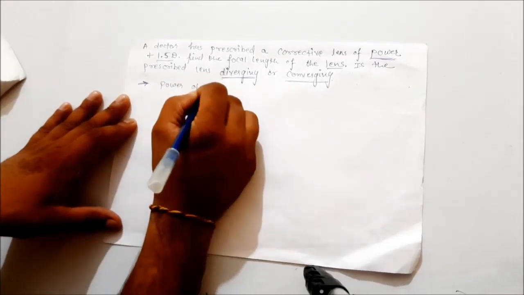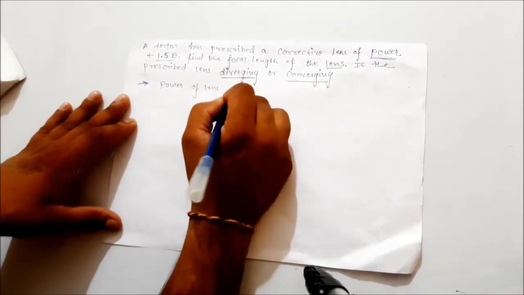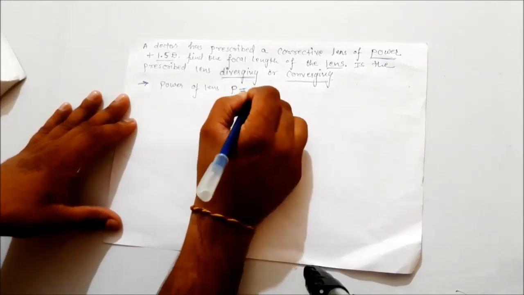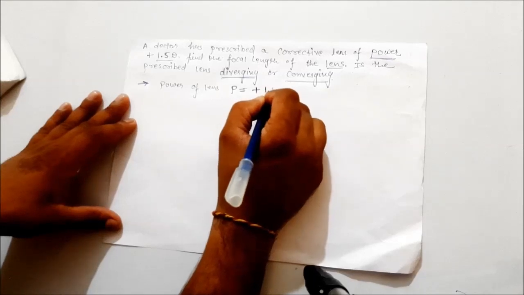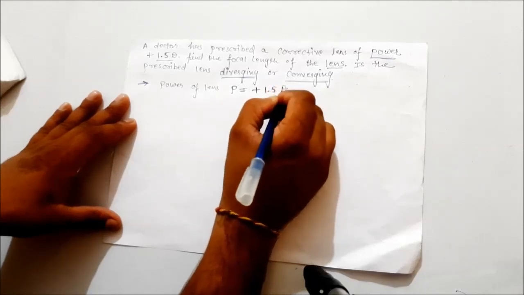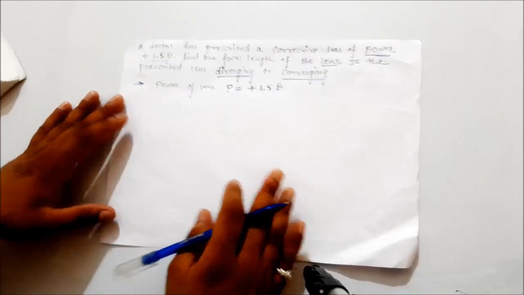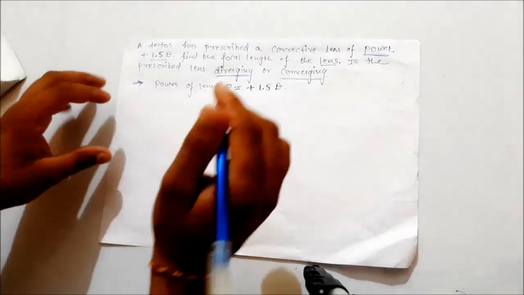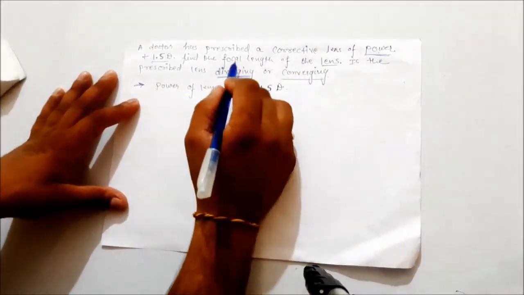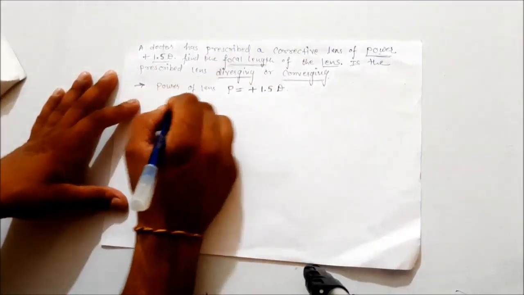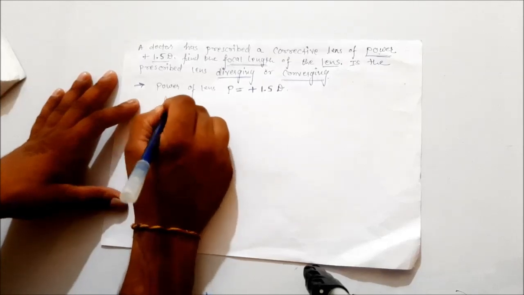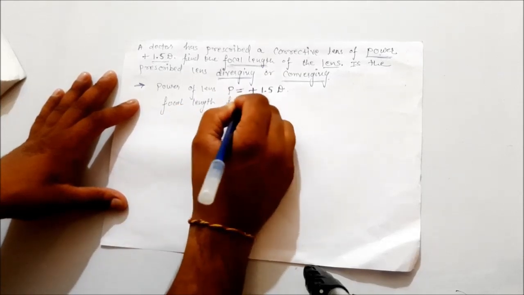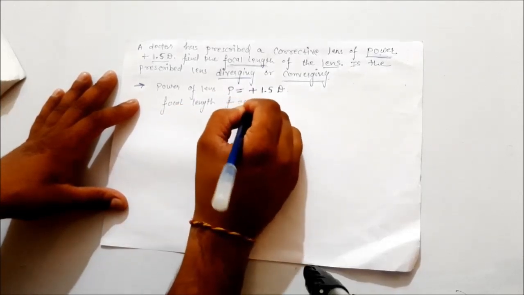power of lens. Power of lens P is equal to its positive value 1.5 diopter. Okay, power of lens is given, P equal to 1.5 diopter. Now let's find what we have to do. We have to find the focal length F, and we have to find which type of lens is there.